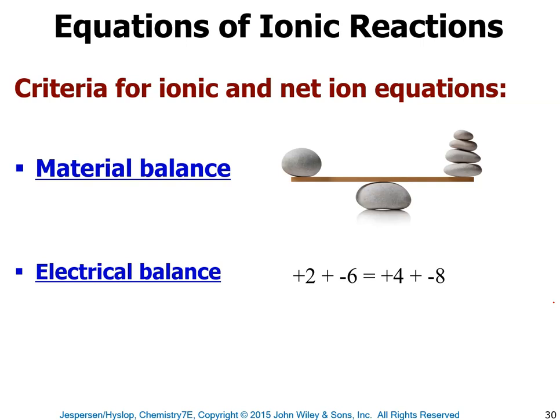In this example, if we have a +2 charge on one compound and a -6, the overall is going to be a -4, right? And then we have a +4 and a -8, so the overall is a -4. So this is an okay example. We start with -4, we end with -4. That accounts for all of the electrons. So we need the atoms to be the same, and we need the electrical balance to also be the same.